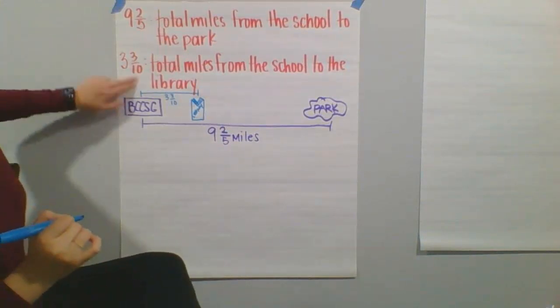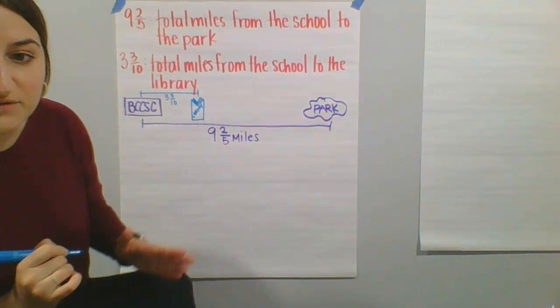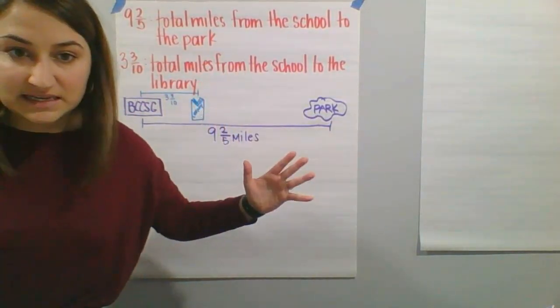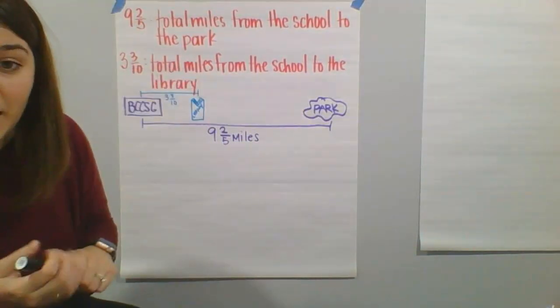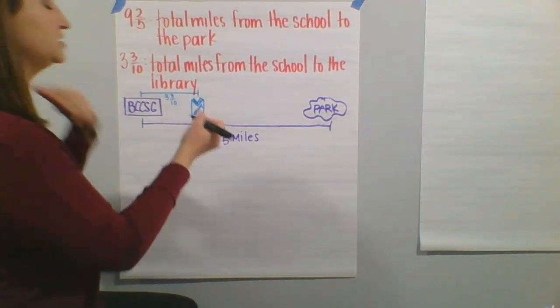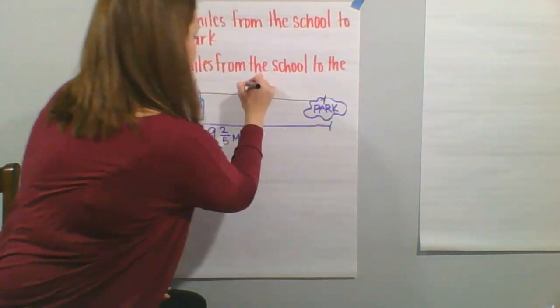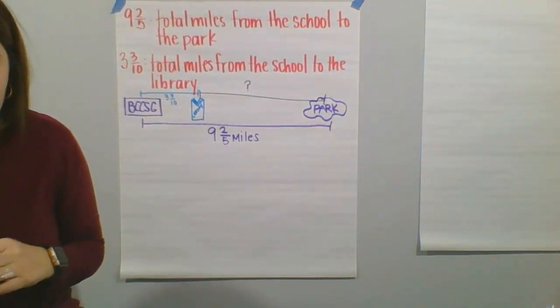You'll notice that they start at the same spot, but they're ending at different locations. So we're trying to figure out what that difference is between where the library ends and the park is. So we want to know from here to here how many miles that is.